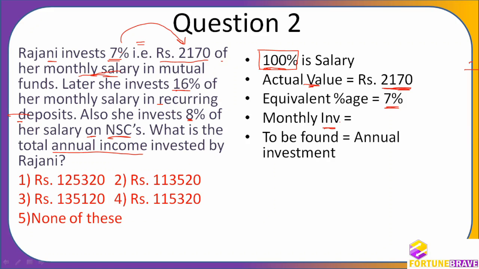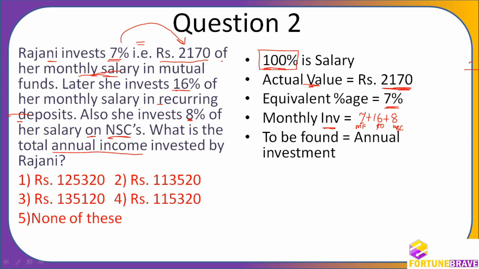We have to find out the annual investment. So what is the monthly investment? First we'll try to find out her total investment. Her total investment is 7% plus 16% plus 8%. These are the three things, right? This is in mutual fund MF, this is in RD, recurring deposits, and this is in NSCs.